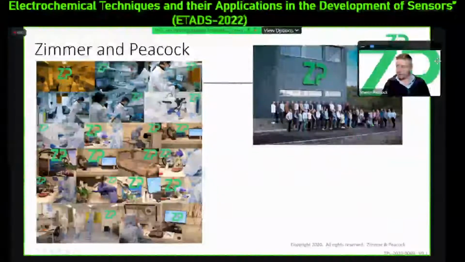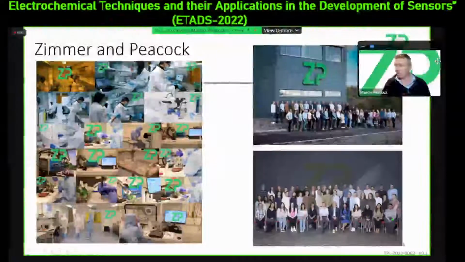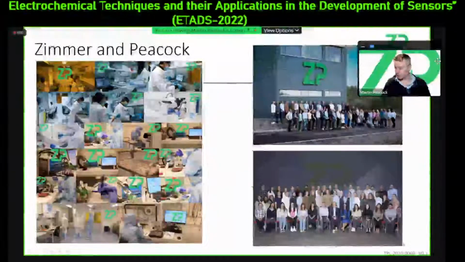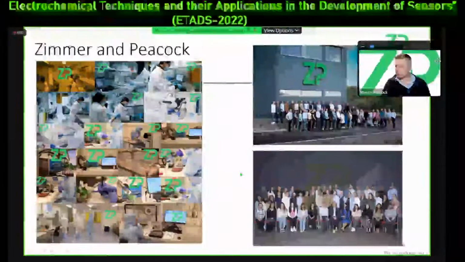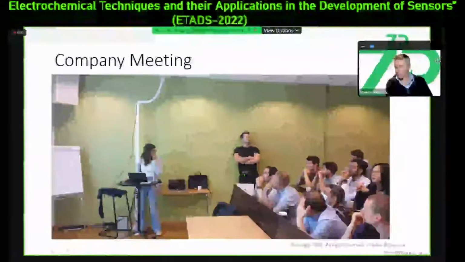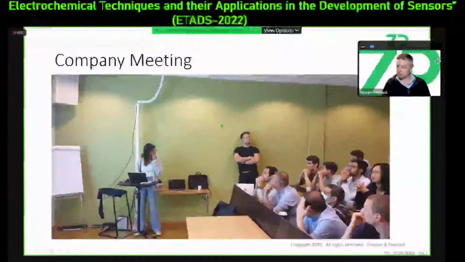This is a picture taken at the end of 2020. It gives you about half the company, and there's a more formal image of about half the company. As I say, there's 85 of us in total, so when you add up all the people, you can see that not everyone's there. We're very lucky. If you ever visit Zimmer and Peacock, we have very nice lecture theatres.